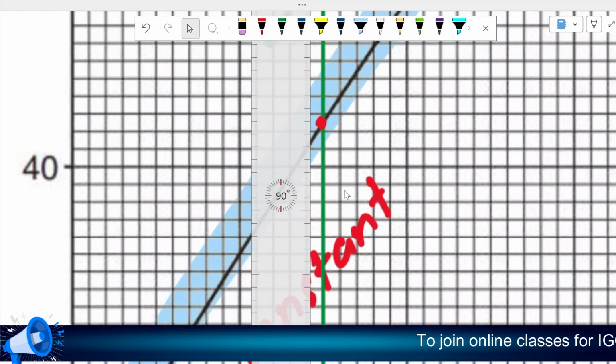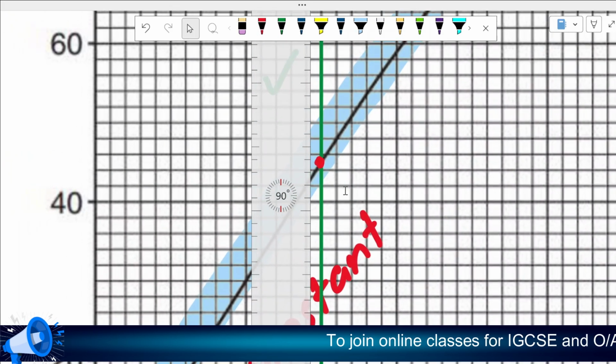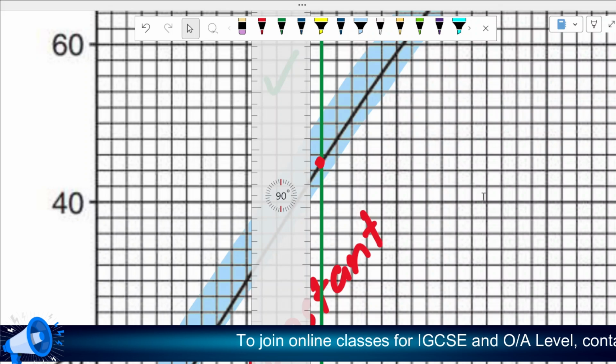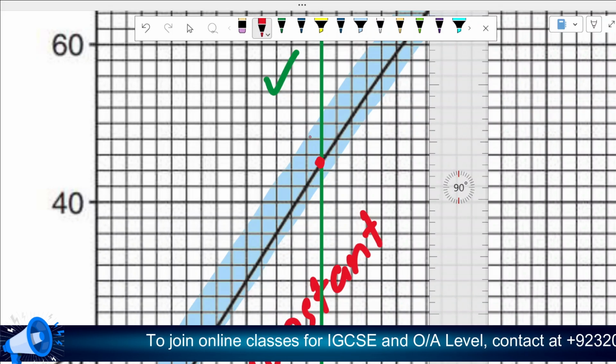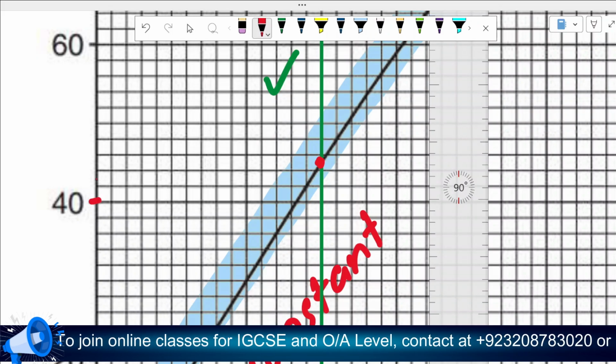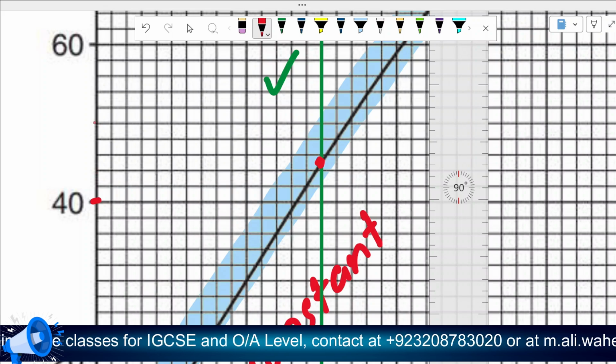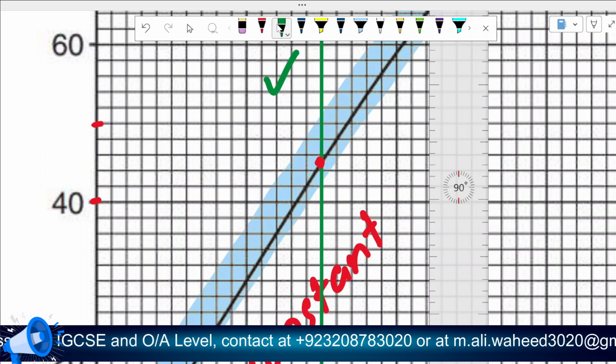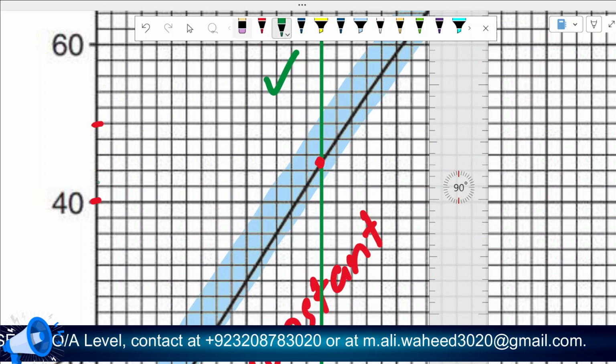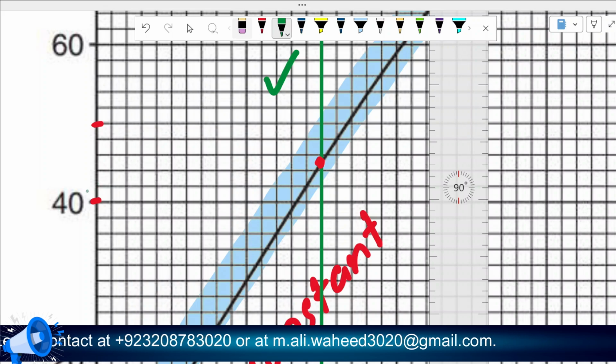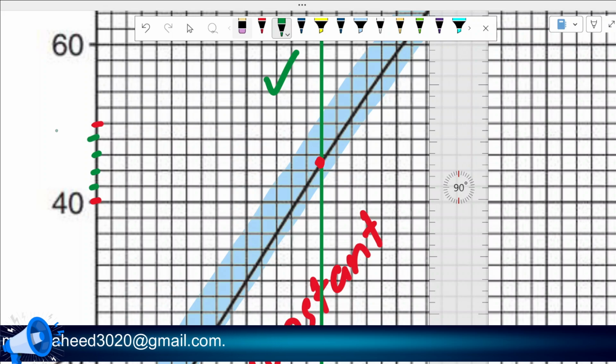So how much is that? So this is 40. Then this one has to be 50. 1, 2, 3, 4, so one block would represent 2. So 42, 44, 46, 48, and then we can have 50 over here.